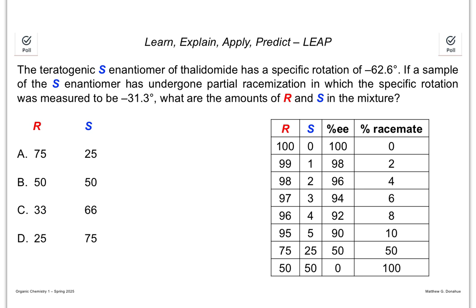So if the sample of S enantiomer has undergone partial racemization, in which the specific rotation is measured to be negative 31.3, what are the amounts of R and S in the mixture? So that's the value we're interested in after we set up our little plot here.